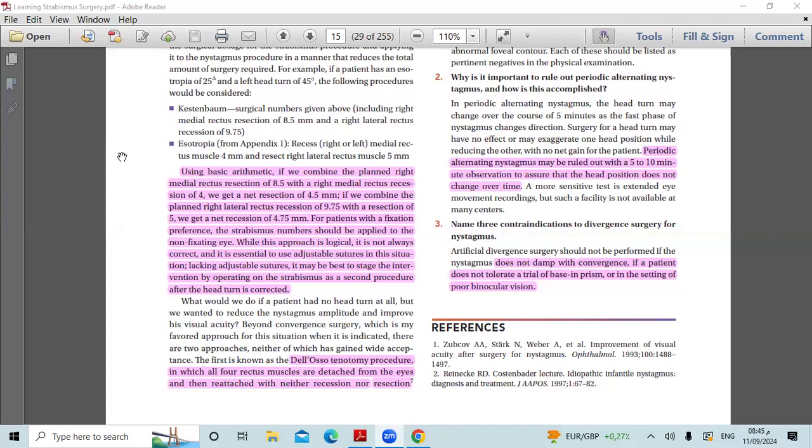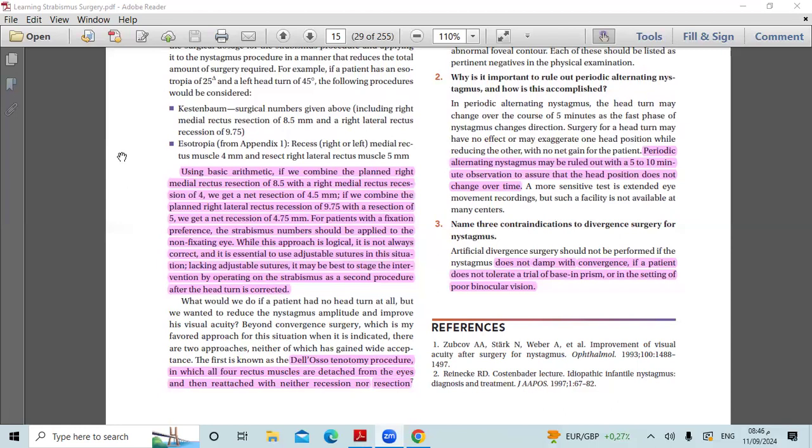There is also another type, manifest latent nystagmus. In these patients, the nystagmus appears manifest, and when you cover one eye, the amplitude and frequency increase. This is a very famous form of nystagmus. You should know it. Thank you so much for this quick revision.